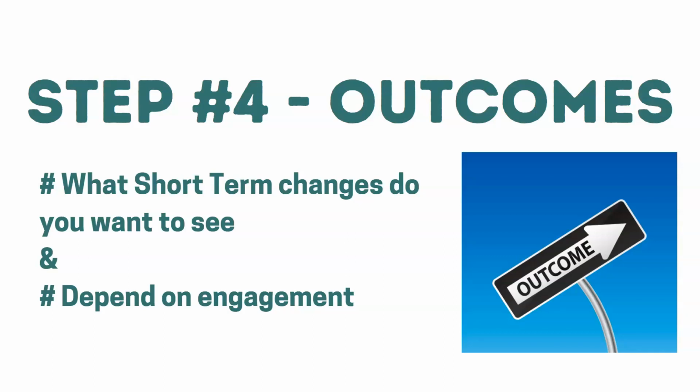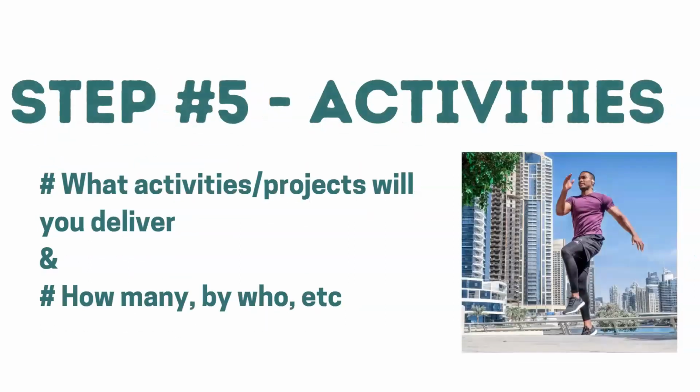Those are outcomes that you can observe in the lives of people. Now, in order for your beneficiaries to experience those outcomes, then you have to decide what activities you are going to engage in to help them to experience those outcomes.